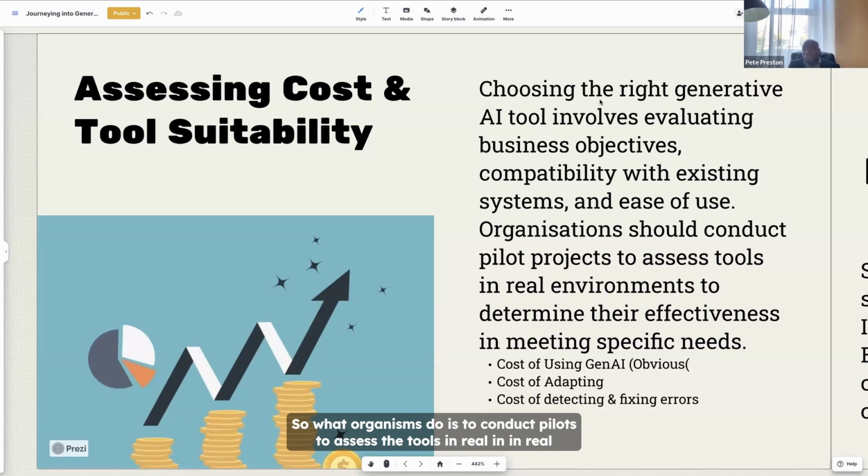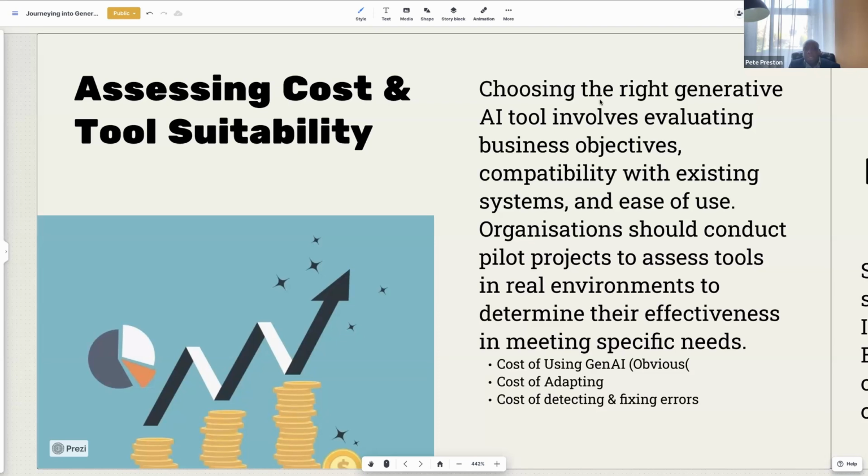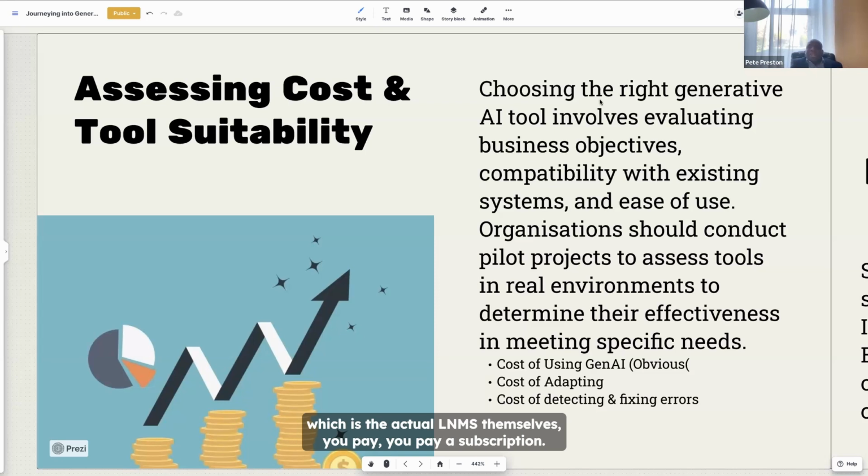So what organizations do is conduct pilots to assess the tools in real environments to determine the effectiveness of what they actually do. There are some costs that are obvious, which is the actual LLMs themselves. You pay a subscription.